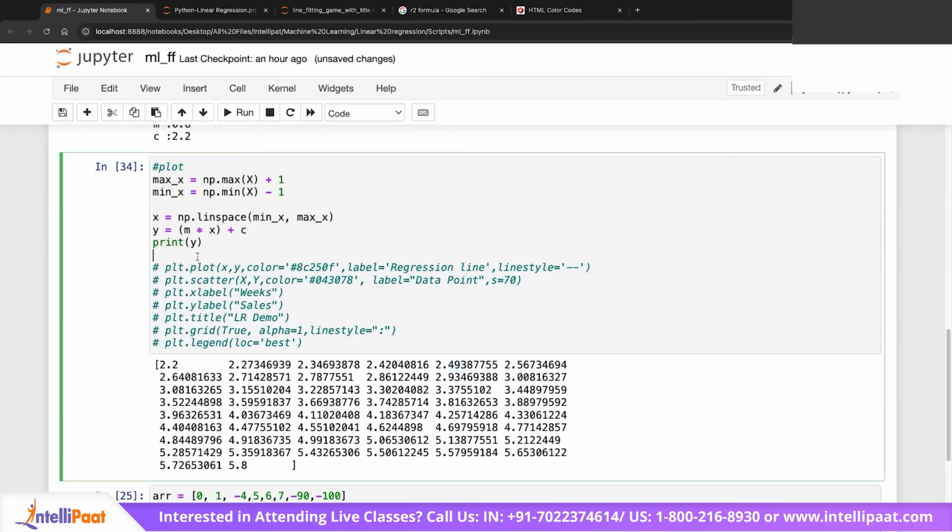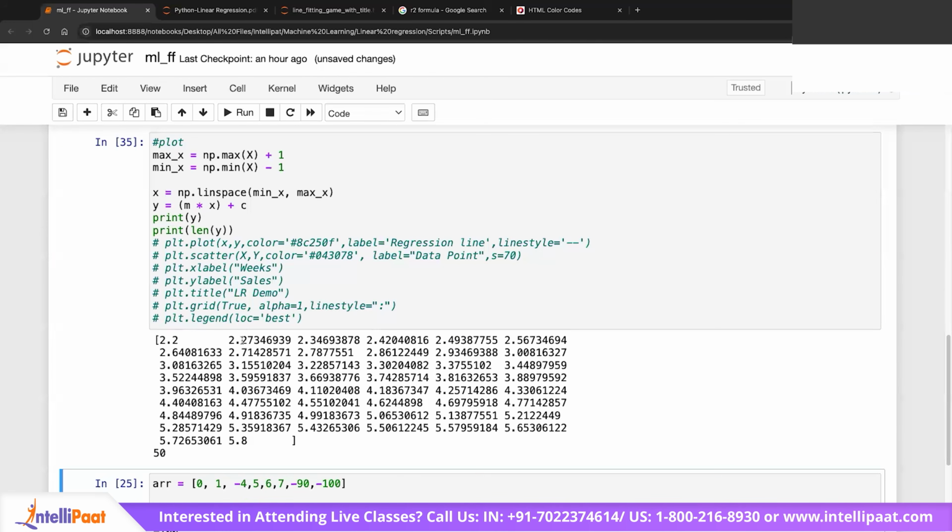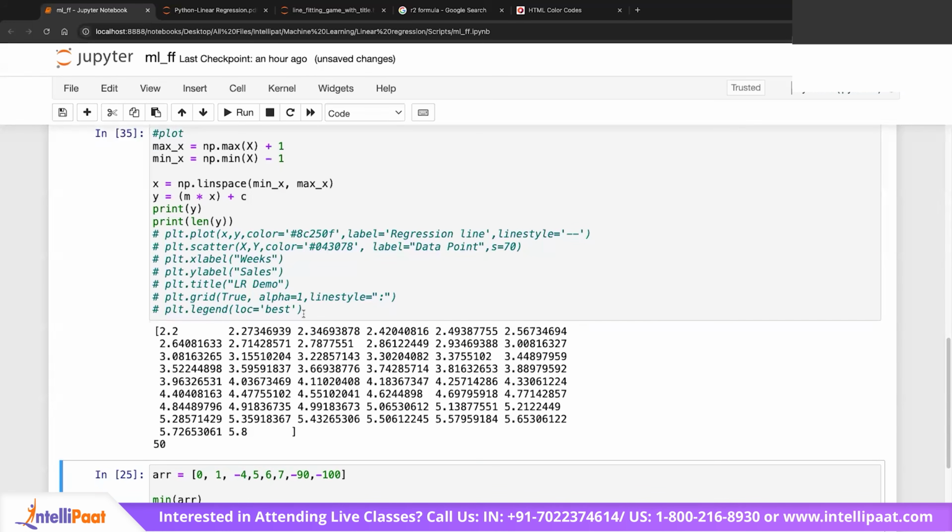Tell me, print the length of y. What is the length of y? 50. How many data points does y need if I calculate y is equal to mx plus c? In the actual y predicted value, what answers am I supposed to get for the prediction of y hat? It is supposed to give me 5.